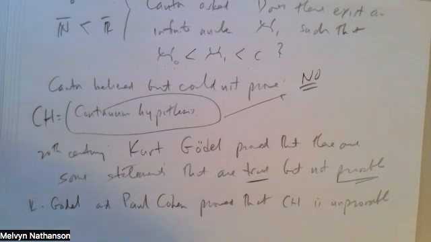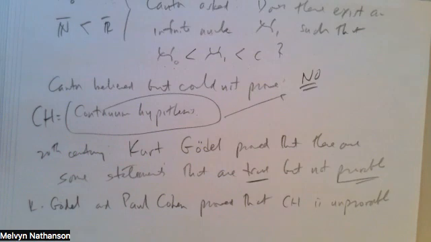So it's impossible to prove in ordinary mathematics that the continuum hypothesis is true, and it's impossible to prove that it's false. So this is one of the great achievements of the 20th century.